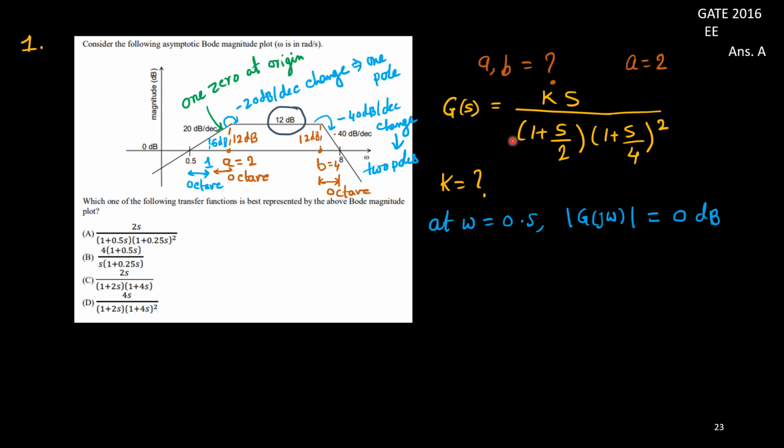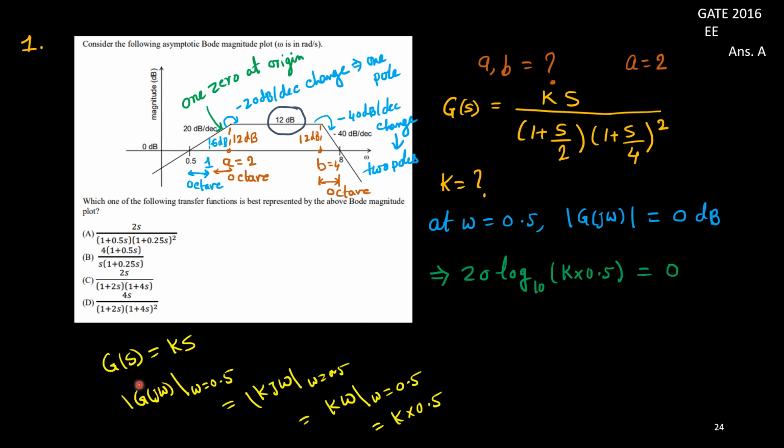They do not have any contribution in this magnitude. So I'll have only K into S, that's all, these two, K and S. So G(s) I can consider as K into s for this time to find out this K value. Remember, our objective is just to find the K value. Now we'll remove these two.